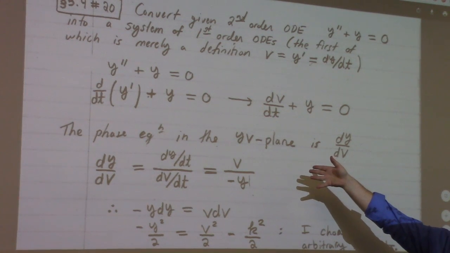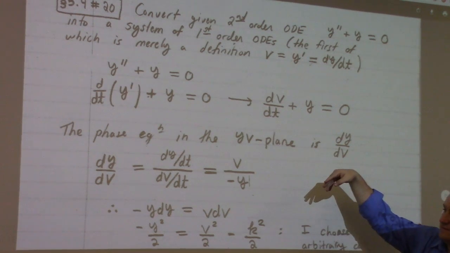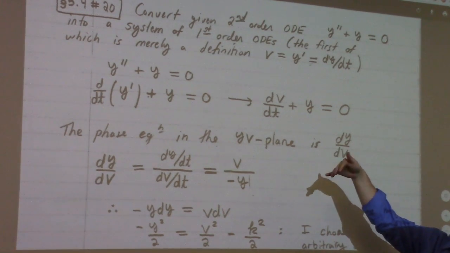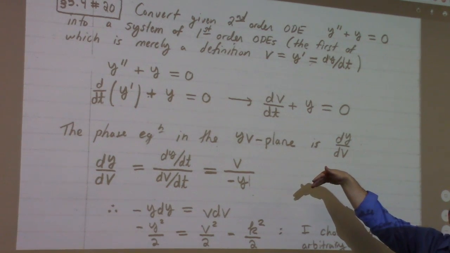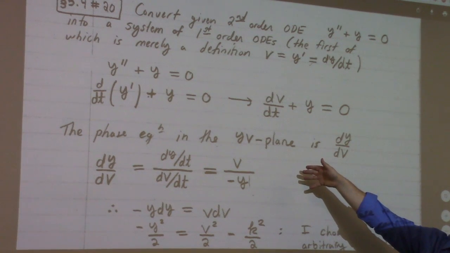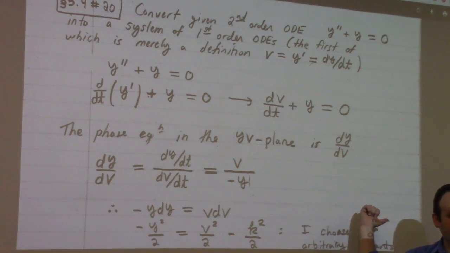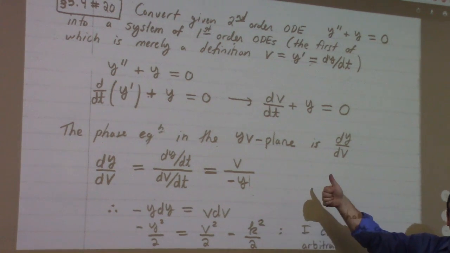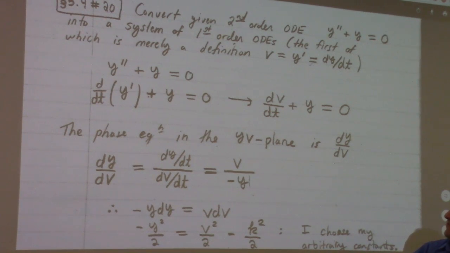But now it has more physical significance, because the phase plane is the position velocity plane. The velocity is playing the role of x. So when you look at the phase plane plot, the velocity is going to go this way, the position that way. That's backwards, that's not how it's done. The velocity goes this way, the position goes that way.